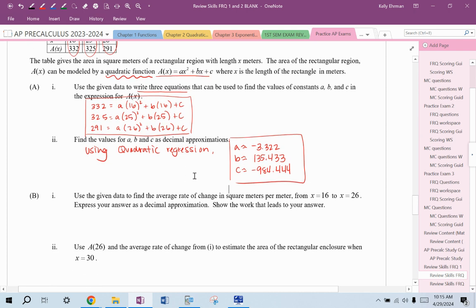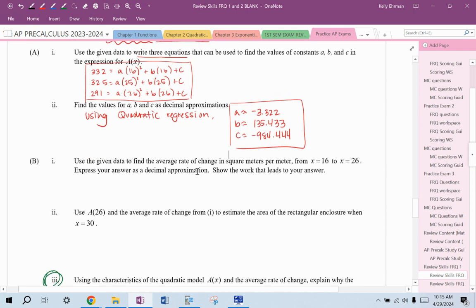Use the given data to find the average rate of change in square meters per meter from 16 to 26. Express your answer as a decimal approximation. Show the work. So this work should look identical. You're just changing out numbers and calling this one A of X instead of P of X. So A of 26 minus A of 16 over 26 minus 16.